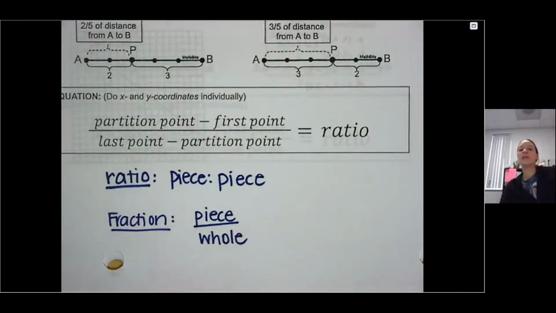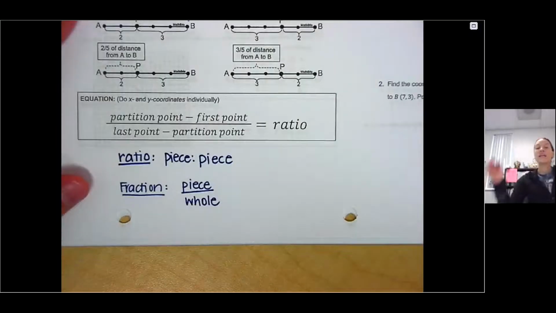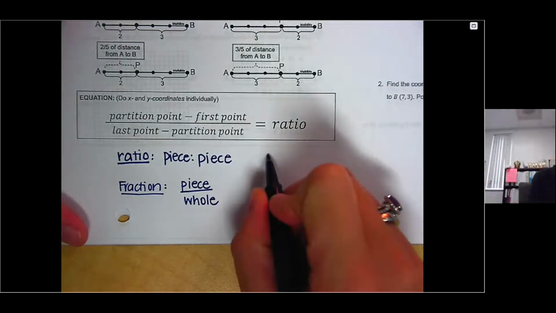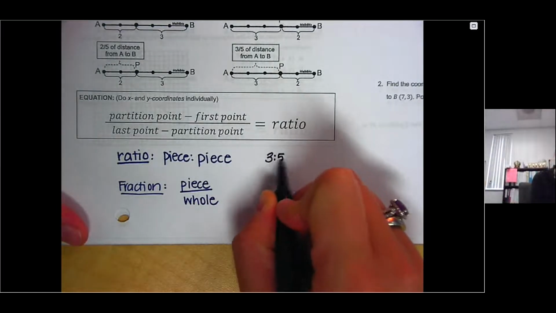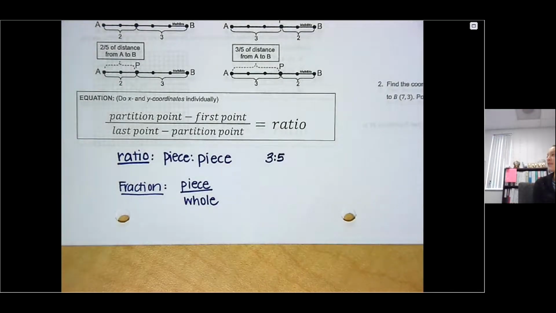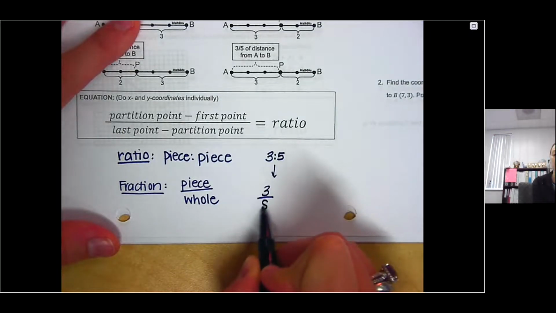Okay, so let's do an example before we get to our actual equation here. If I gave you the ratio 3 to 5, that means 3 pieces to 5 pieces. What would that be as a fraction? 8, exactly. It would be 3 pieces out of the 8.